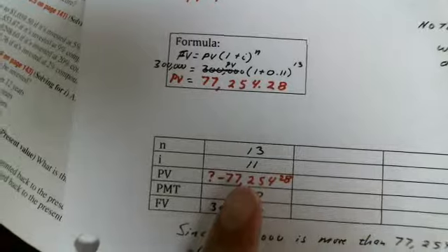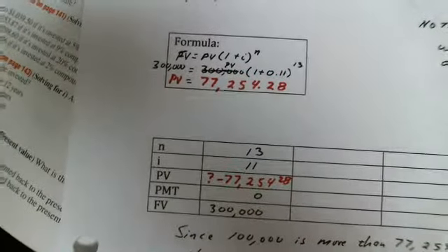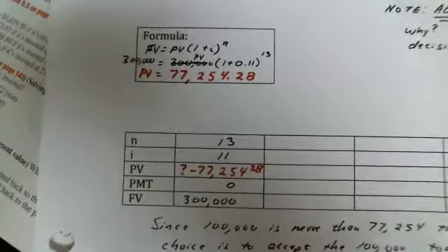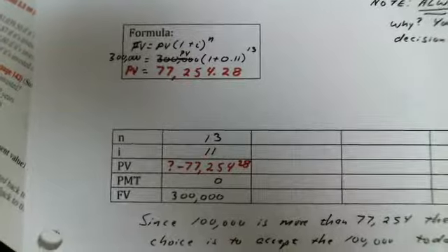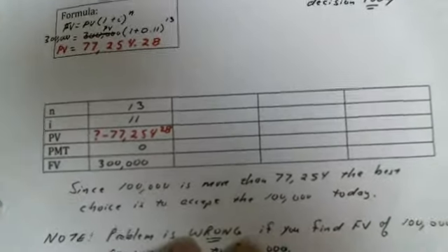But now I compare the $77,254 and change to the $100,000. This is money that I'm wanting to get, so I want the larger dollar amount in today's dollars. That is the present value.